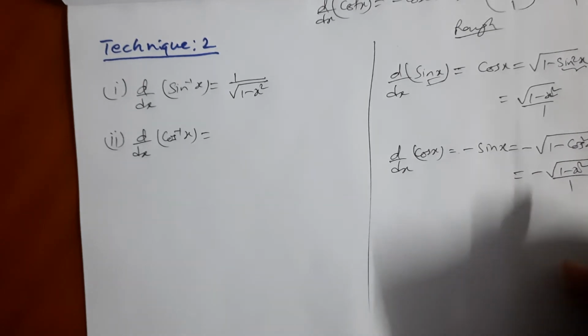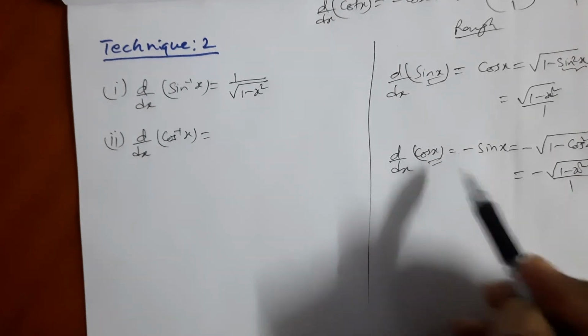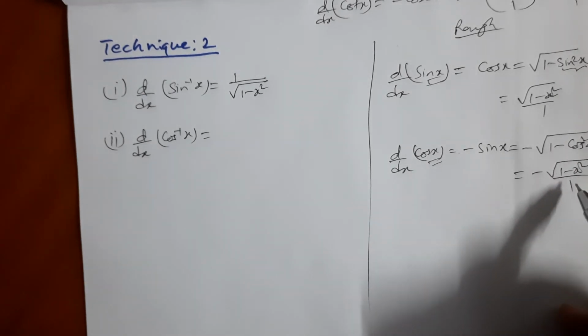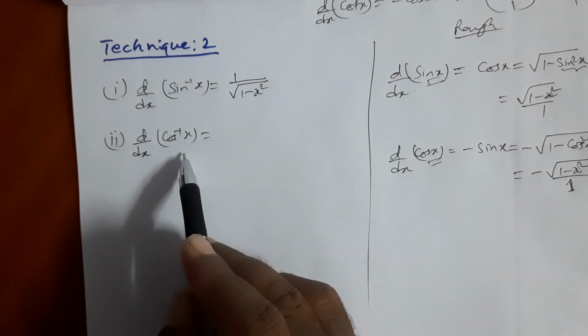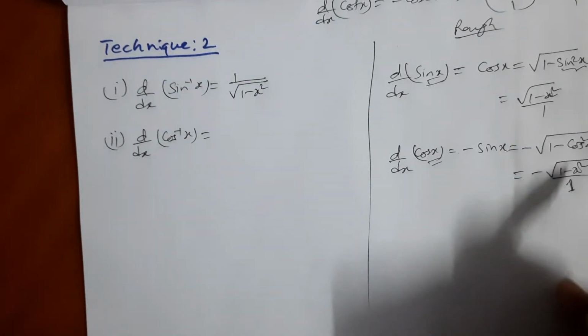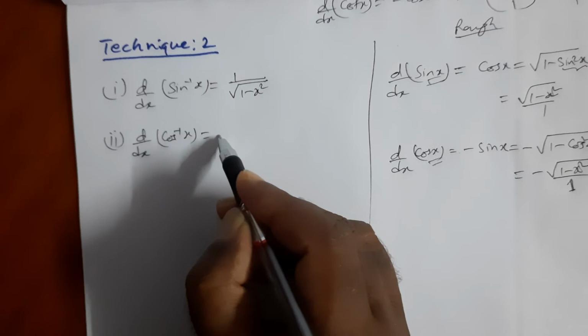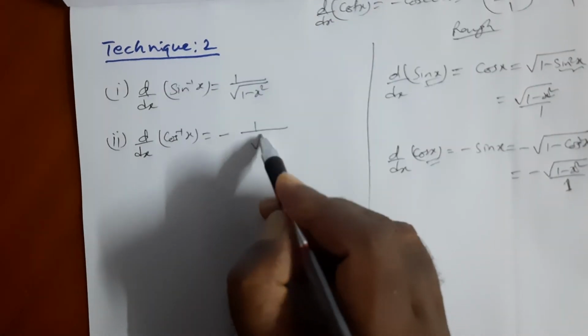Here we have got the derivative of cos x, but we need the derivative of cos inverse x, so we take the reciprocal: minus 1 over root over 1 minus x square.